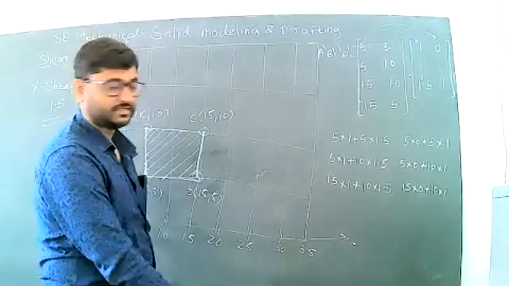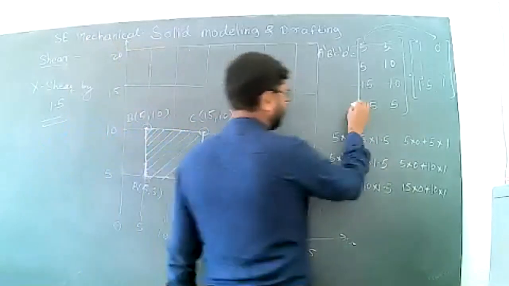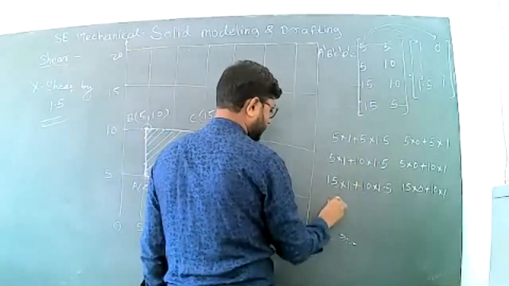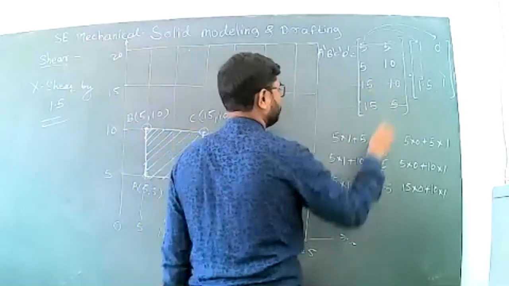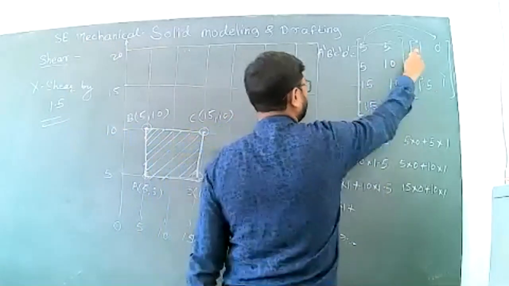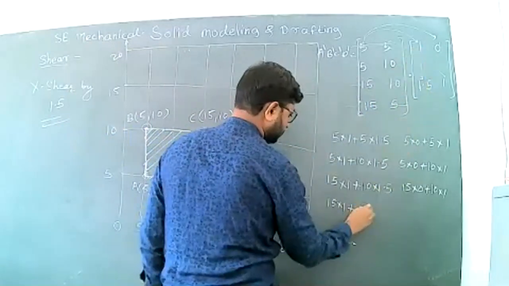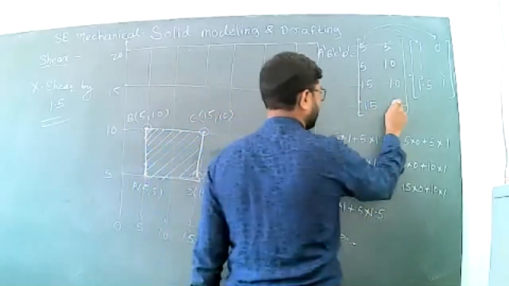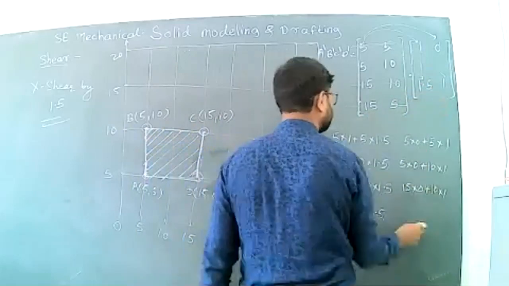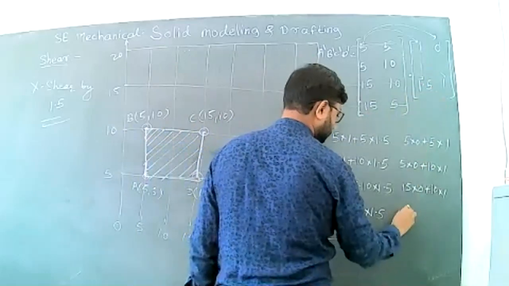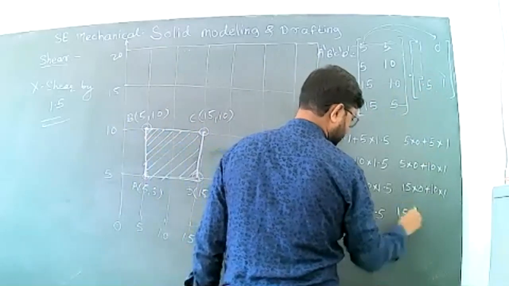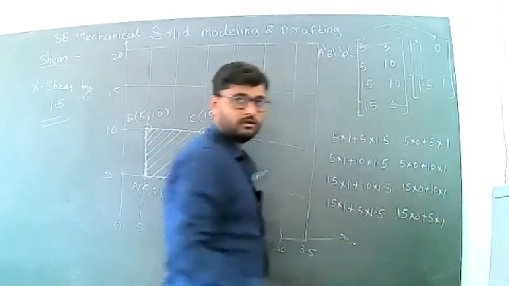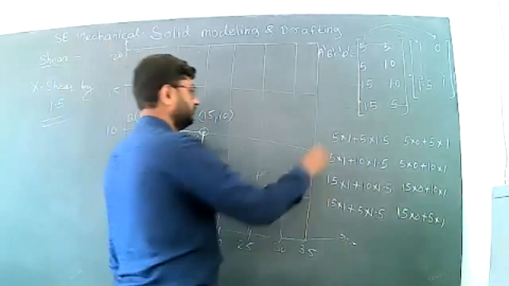And for the fourth row, 15 into 1 plus 5 into 1.5. And for the last element, 15 into 0 plus 5 into 1.